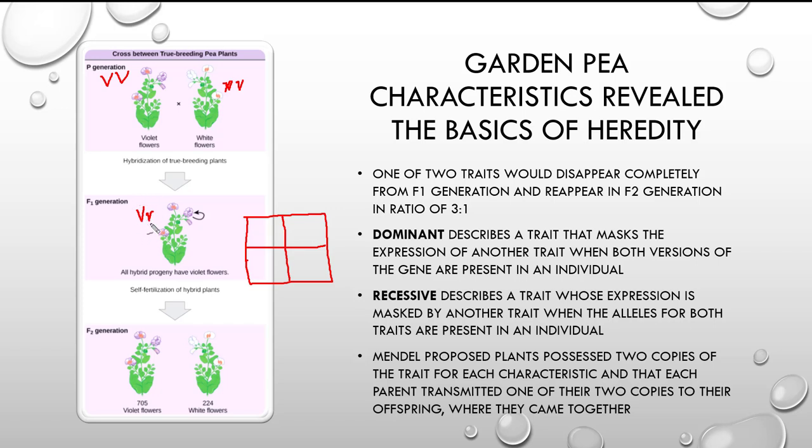With a Punnett square, we take these genes here. Since this is self-fertilizing, this is both parents. So this could be the sperm undergoing meiosis, with a big V going here and the little v going here.